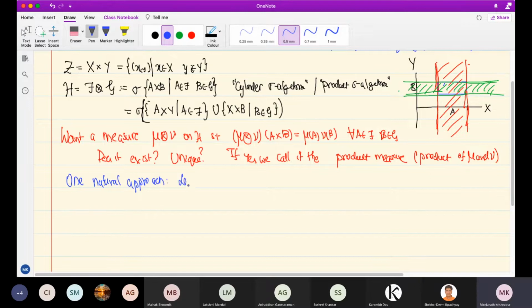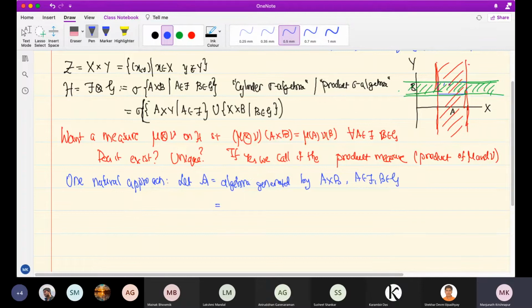So let A be the algebra generated by rectangles. And just like in many other situations, you see this is actually a pi system.